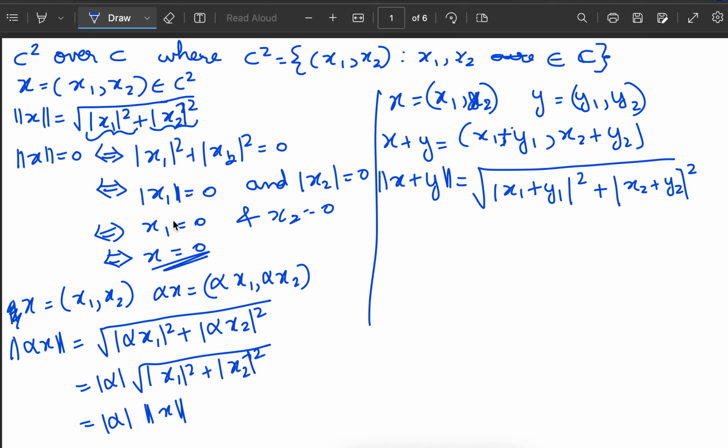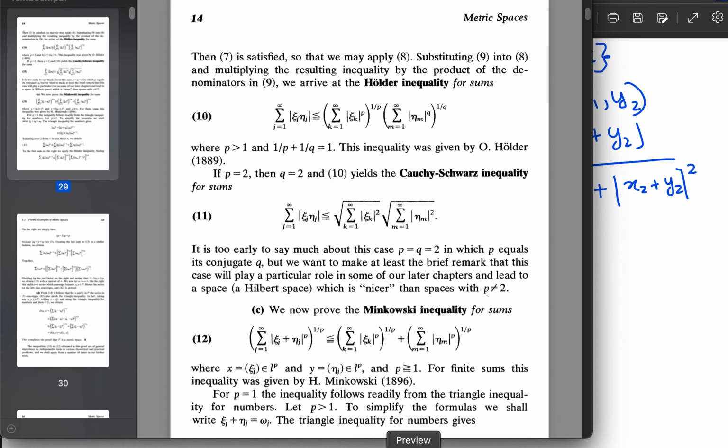By Minkowski's inequality, we can split the square root. Here, instead of p we have 2.